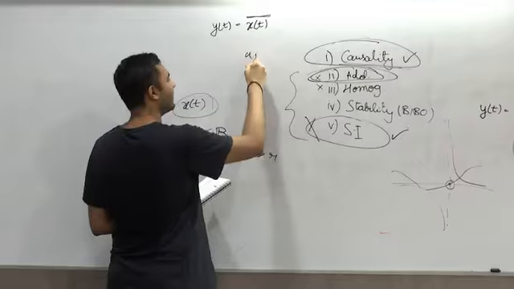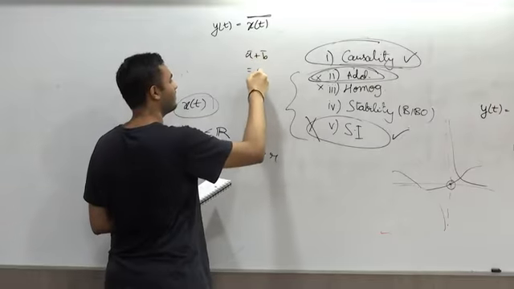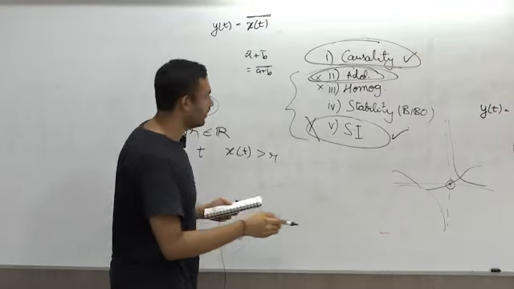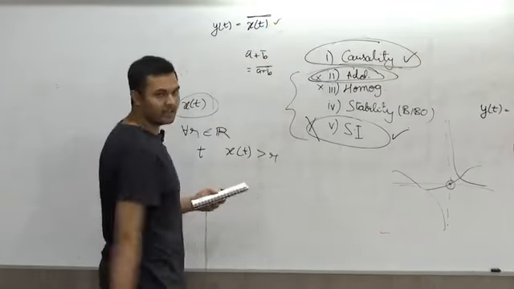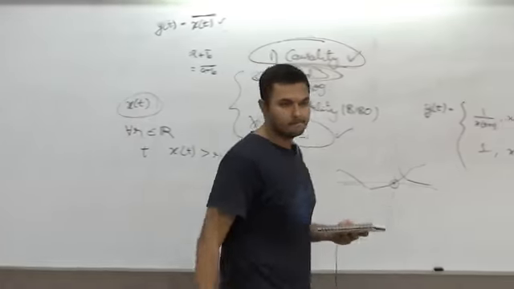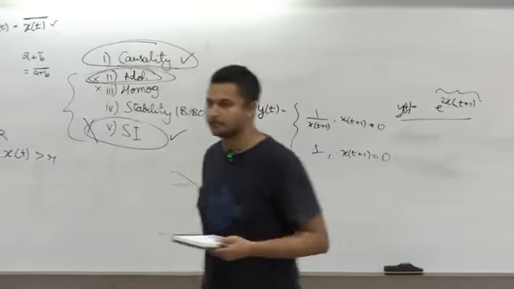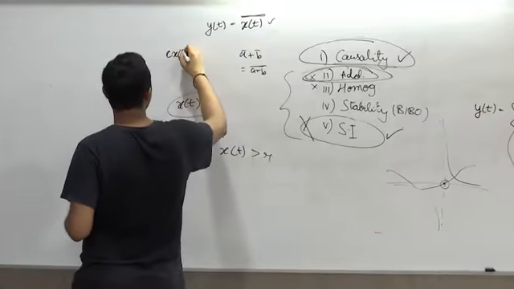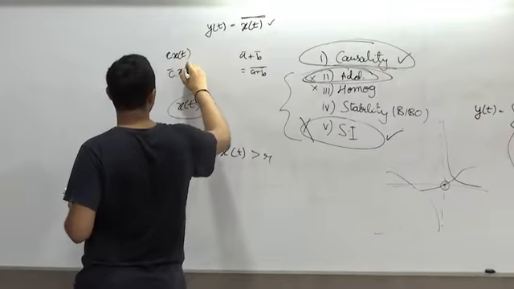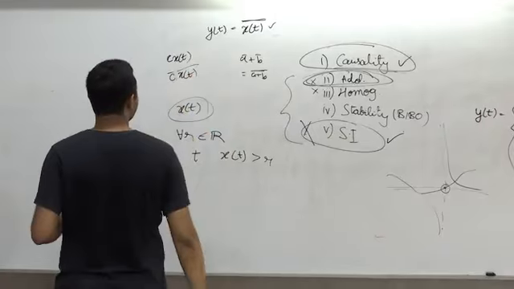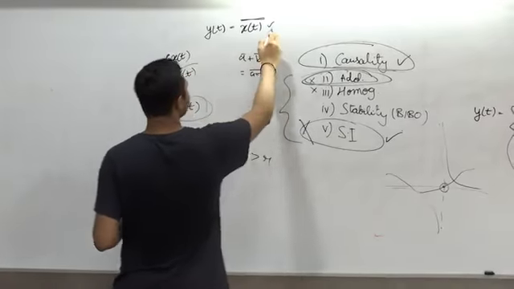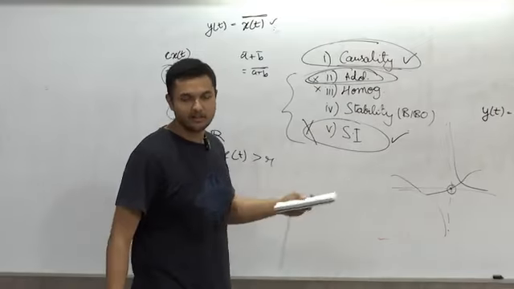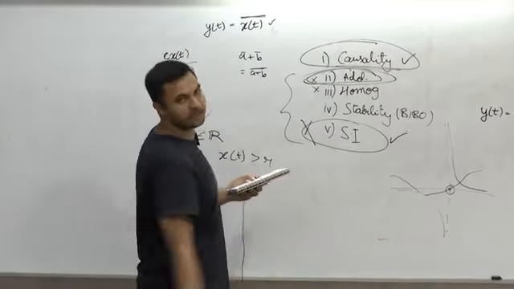Because for complex numbers a and b, a bar plus b bar is a plus b bar. A bar denotes the complex conjugate. So this is additive, but is it homogeneous? If I put c x of t, I will actually get c bar x bar of t. So this constant is different. So this is not homogeneous. This is the typical way to construct systems which are additive but not homogeneous.